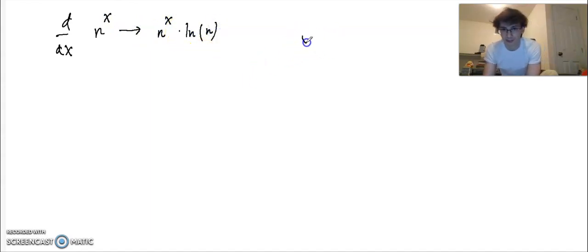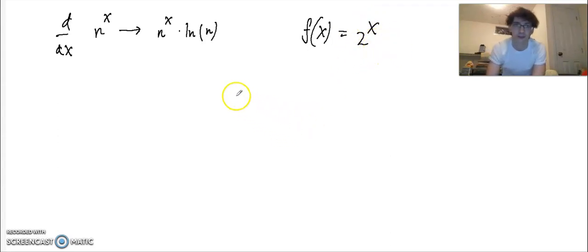And let's just go at some examples. So we'll start with 2 to the x. Well, we know it's just f of x times ln of that base.